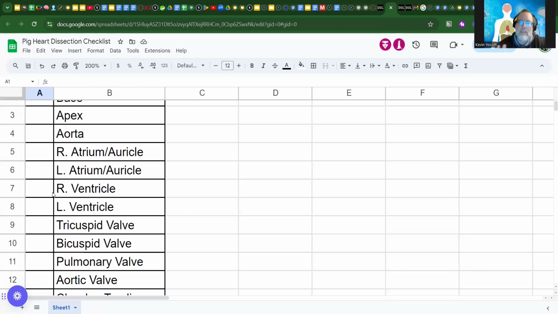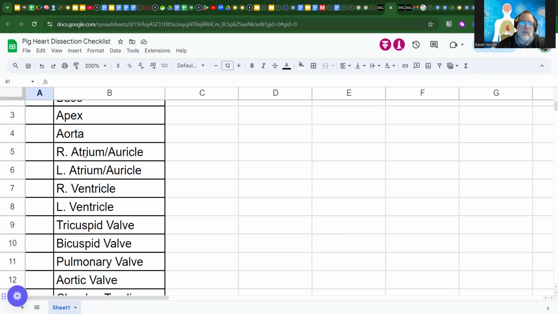We do that by separating the right half from the left half. The right half of the heart receives blood that's low in oxygen from the body, and all of that blood goes into the right atrium first.